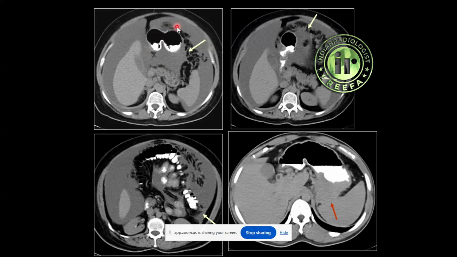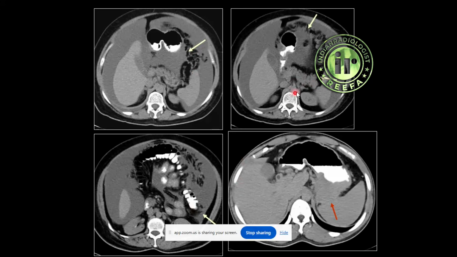That was the stomach, that was the greater omentum. Continuous with the greater omentum, you see this fatty density ligament that is joining the stomach to the spleen, and that is the gastrosplenic ligament. And this ligament continues with another fatty ligament that houses the tail of the pancreas, and that is the splenorenal ligament.